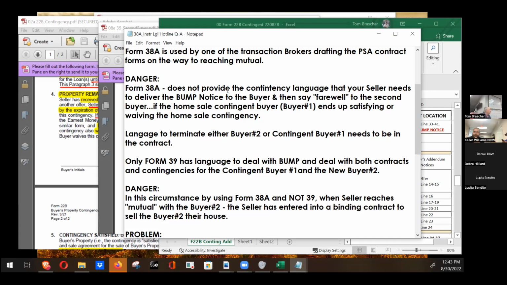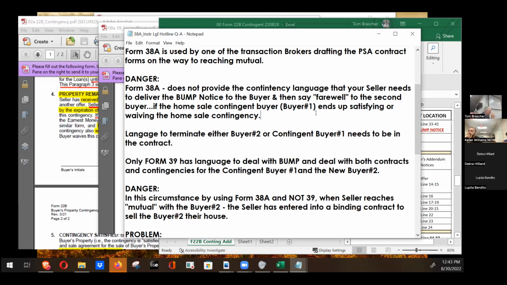So many times buyers will pick the wrong form and shove them into the purchase and sale agreement. You need to be smart enough to have your alarms go off, because 38A does not provide the contingency language that your seller needs to deliver the bump notice to the buyer and then say farewell to the second buyer if the home sale contingent buyer number 1 ends up satisfying and waiving the home sale.